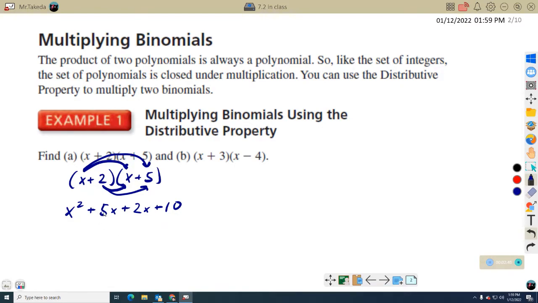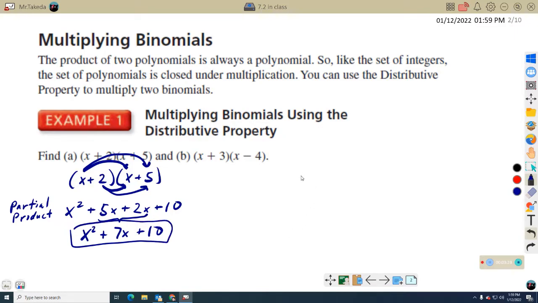We call these partial products. We're not done multiplying yet, but we've multiplied 4 times, and each of those results in what we call a partial product. Just like when we were multiplying two-digit numbers, you have all these things that you write down and then you add them up at the end, partial products. Then, collect like terms. 5x and 2x is 7x, so my final form is x squared plus 7x plus 10.